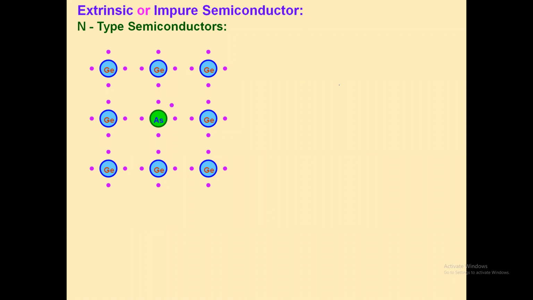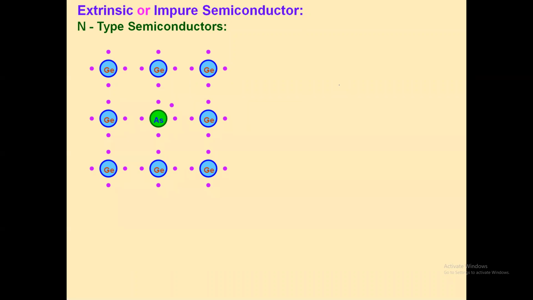Out of the 5 valence electrons, 4 valence electrons of an arsenic atom create 4 covalent bonds with 4 germanium atoms, but the 5th valence electron of the arsenic atom has no space in the covalent bond, so it is loosely attached to its atom. With very small energy, this 5th valence electron moves from the valence band to the conduction band, and it acts like a free electron.